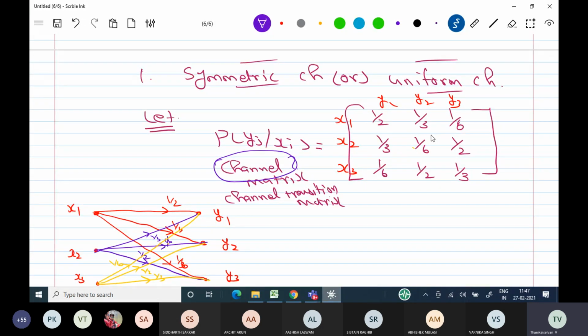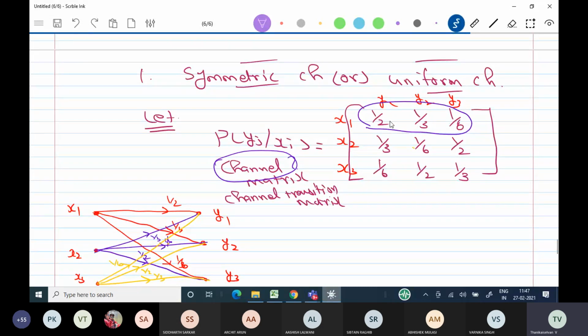When it is called a symmetric channel means you can take any row, second row onwards, you can check. First row is our reference. All the elements in any of the rows contain the same elements as our first row, but all the elements are in different order.